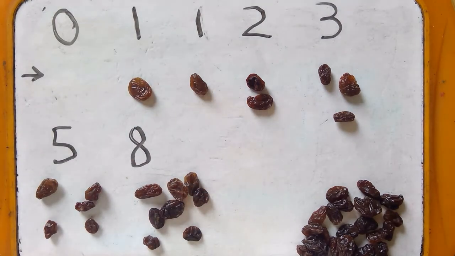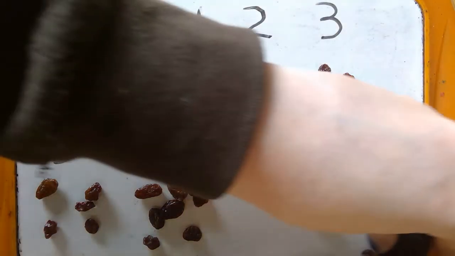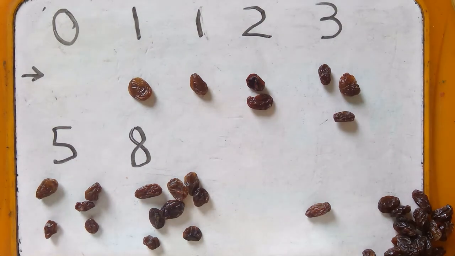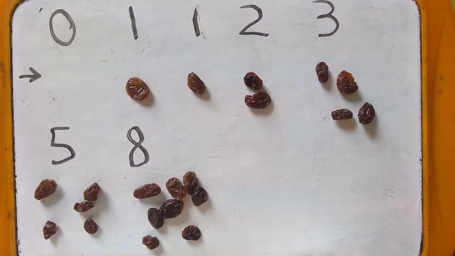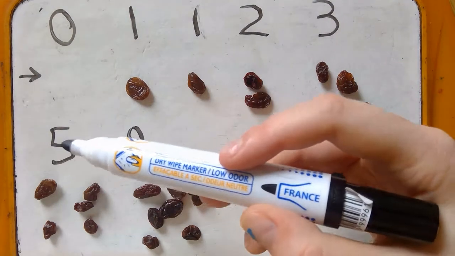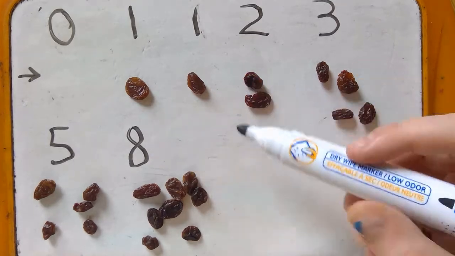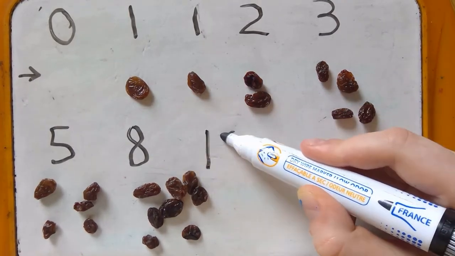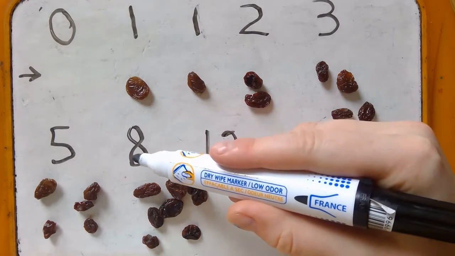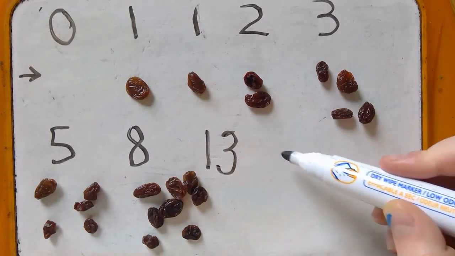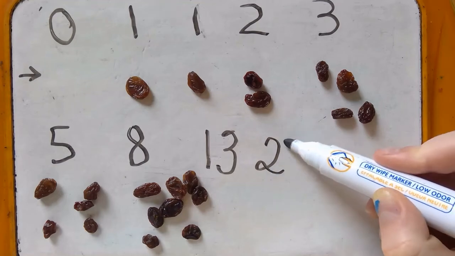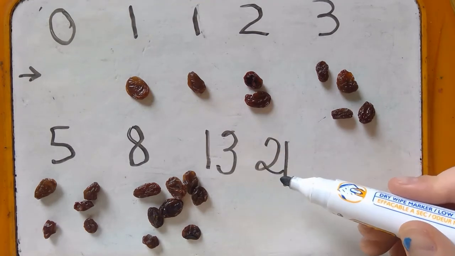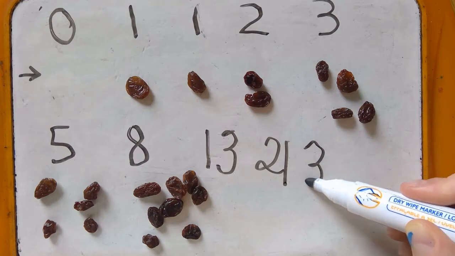Right, this sequence can go on, and we don't need to use the raisins for all of them. So if we just think about adding the next two numbers together, we can work out what comes next. So let's add together the last two numbers. 5 plus 8 equals 13. 8 plus 13 equals 21. 13 plus 21 equals 34.